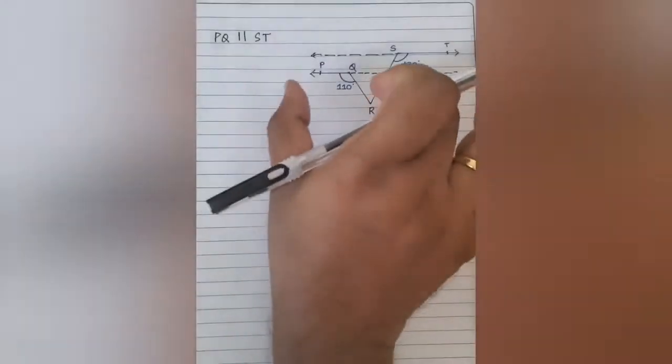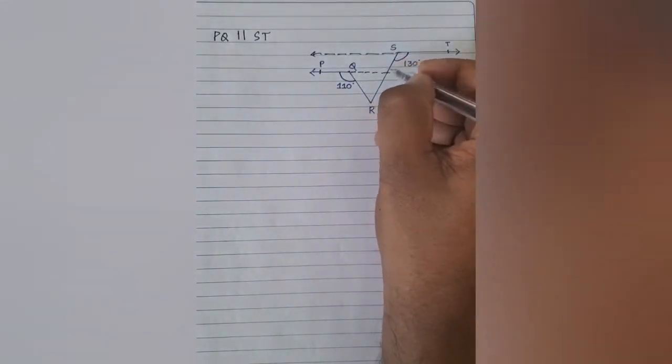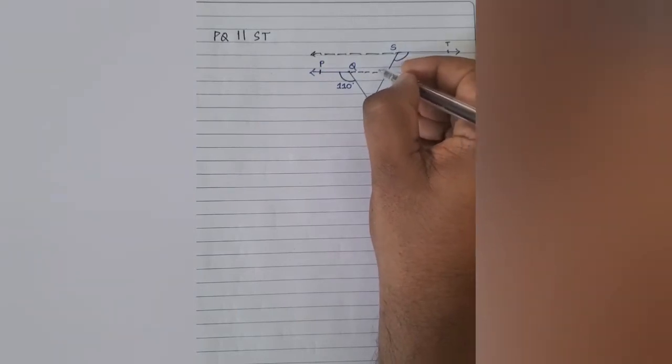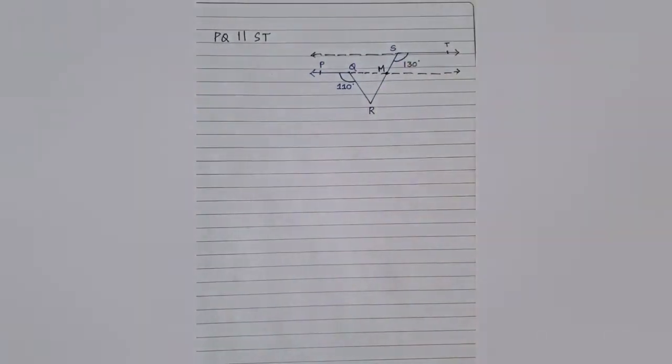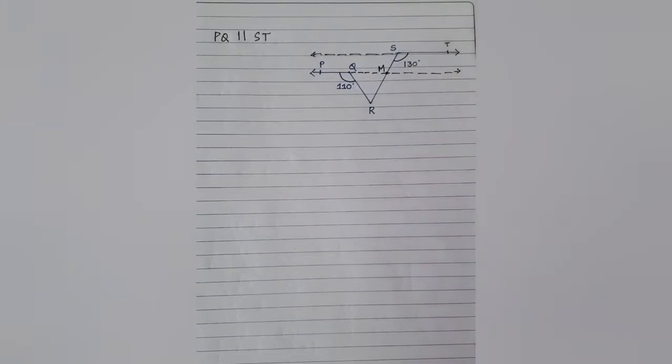PQ and ST are parallel, and let me name the point where PQ meets SR as M. So PQ has been produced, and we have a point M on SR.